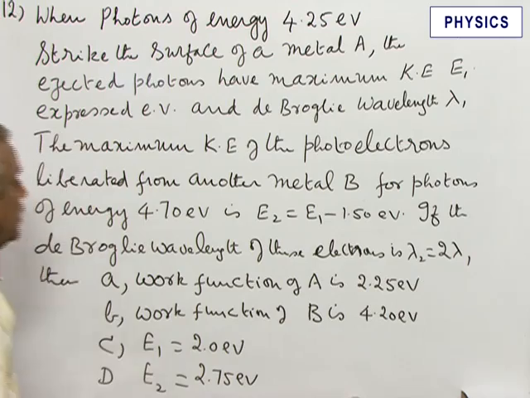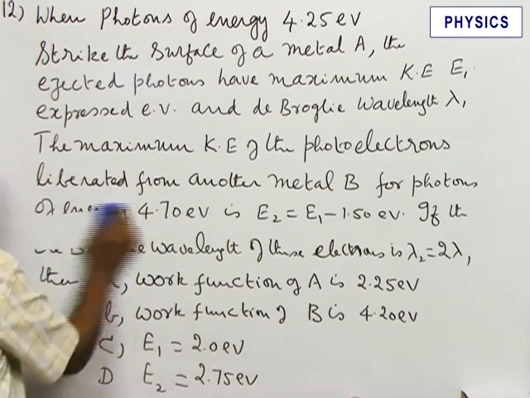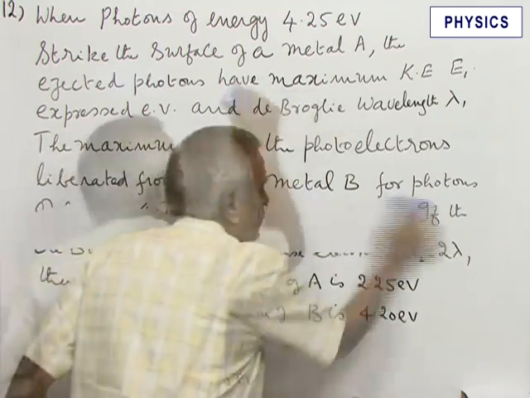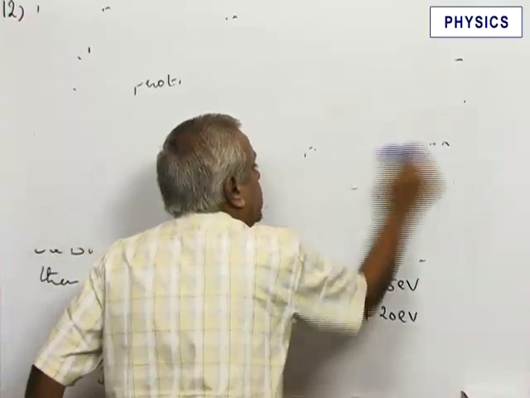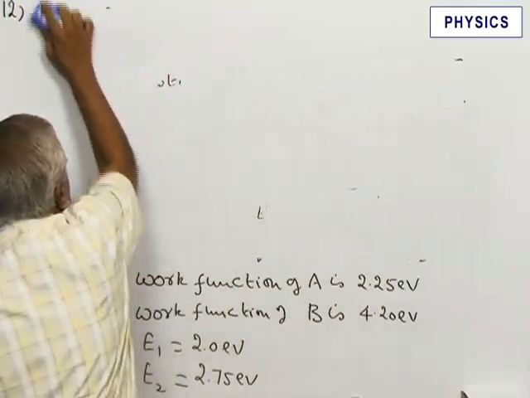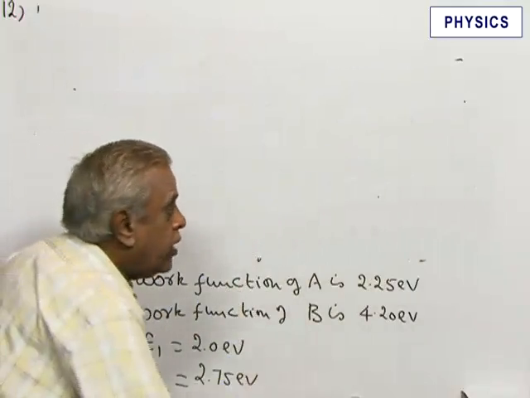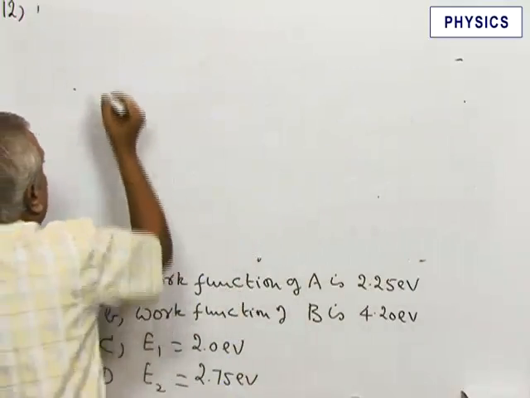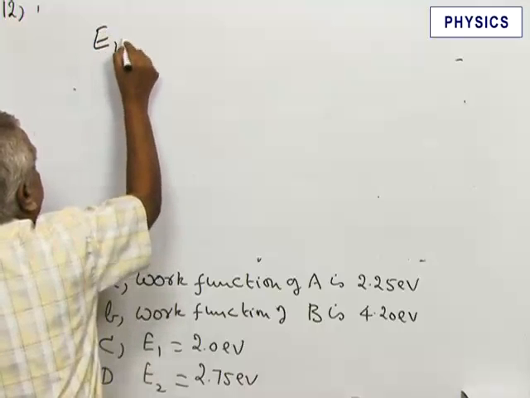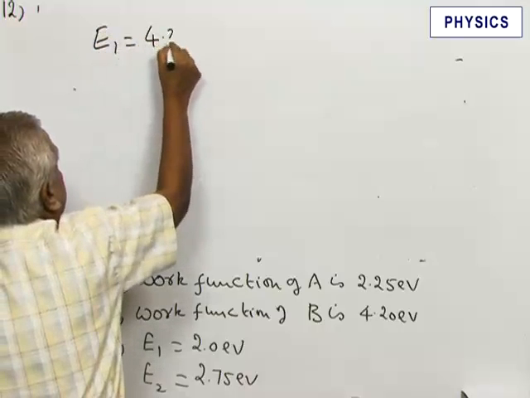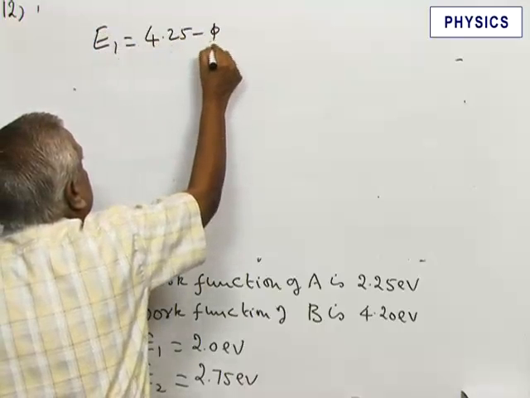So let us just consider the answers one by one. The maximum kinetic energy of the electrons from the first one is E1, and you know that E1 is nothing but incident energy minus the work function.